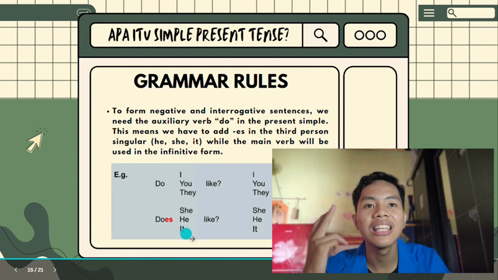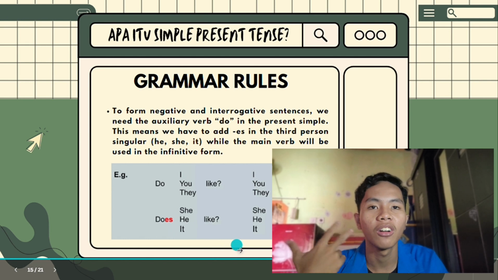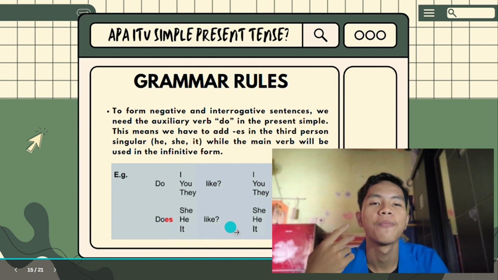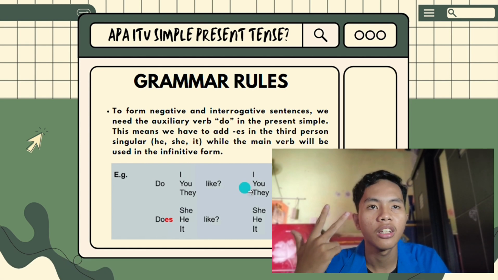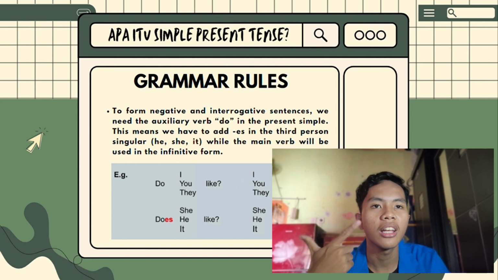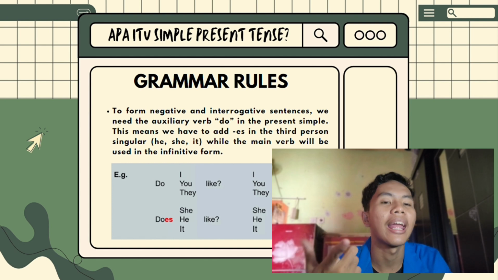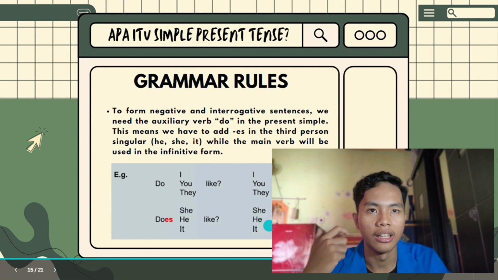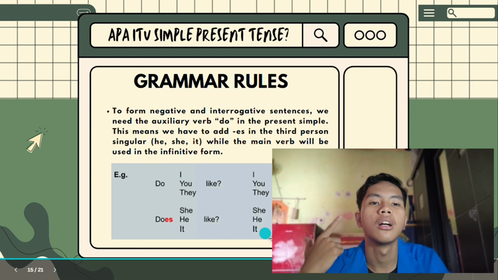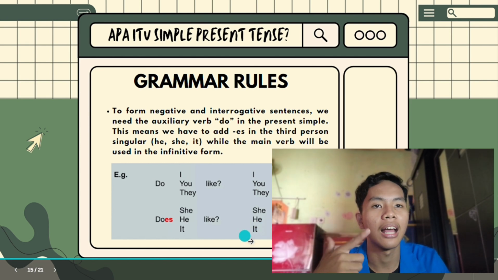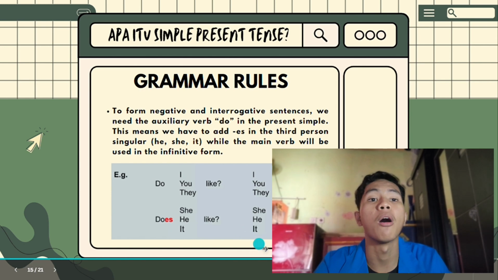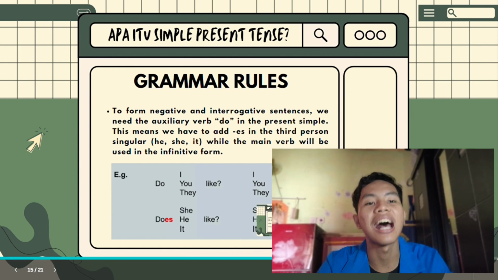Does she like? Does he like? And does it like? So in the negative it's I don't like, you don't like, they don't like. And in the third person singular it is he doesn't like, she doesn't like, and it doesn't like. It's about do and does.